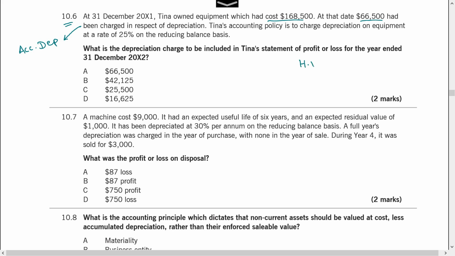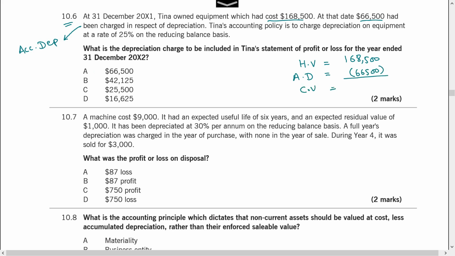So we have historical value of asset which is 168,500, from which we will less accumulated depreciation first. And the amount of our accumulated depreciation is this.